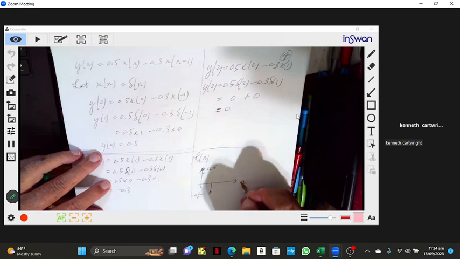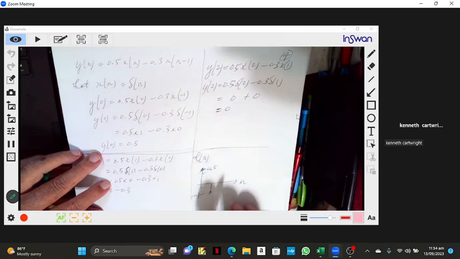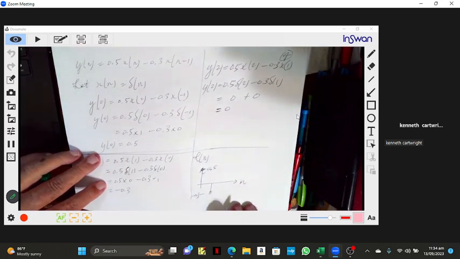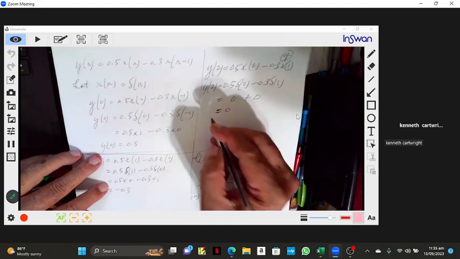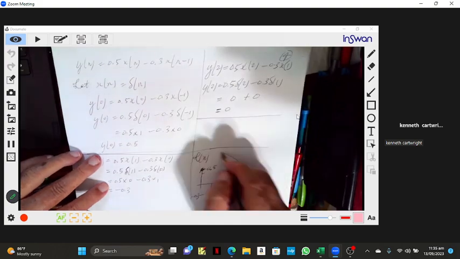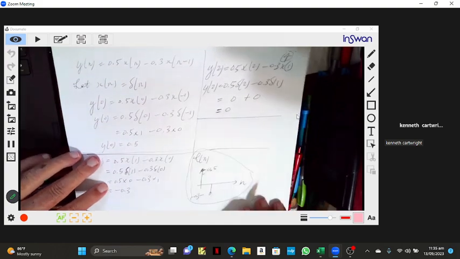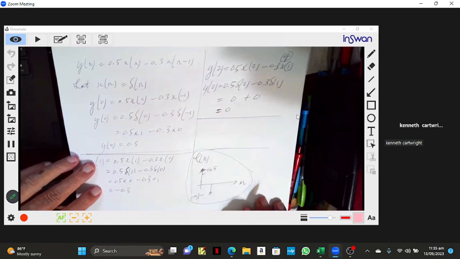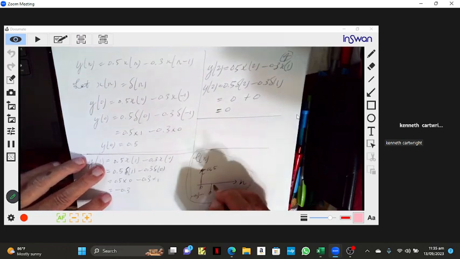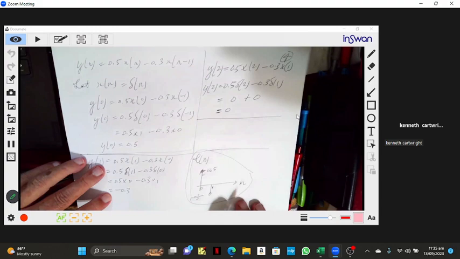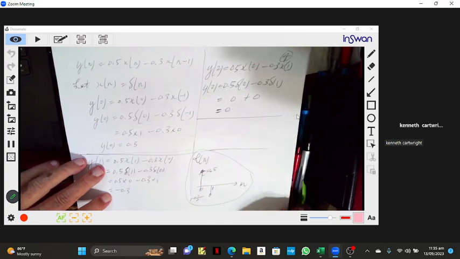Here's n. How do you write this graph as an equation?